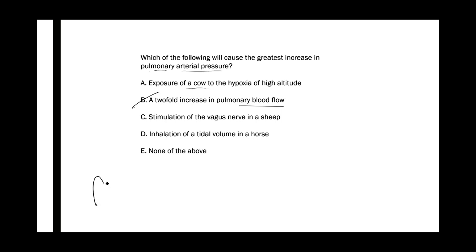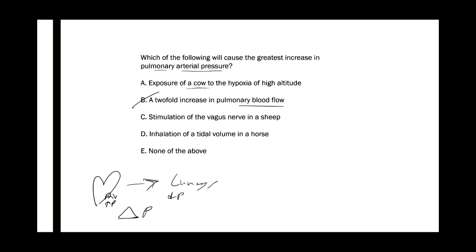Right? I hope that makes sense. Heart sends deoxygenated blood to the lungs, so we want higher pressure in the right ventricle relative to the pulmonary artery, right? Because the change in pressure determines how efficient the flow happens. Okay.